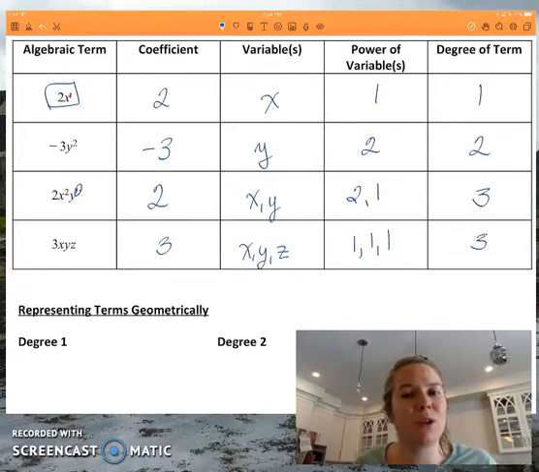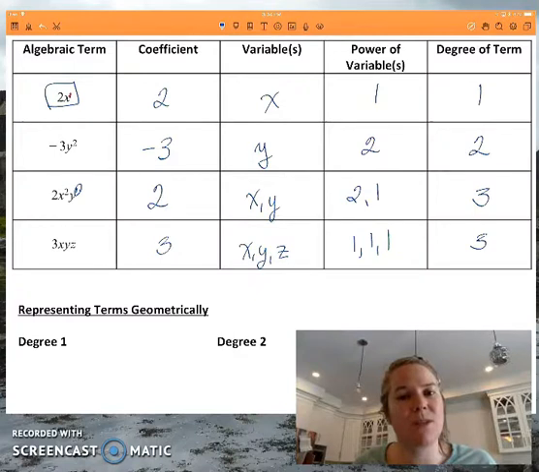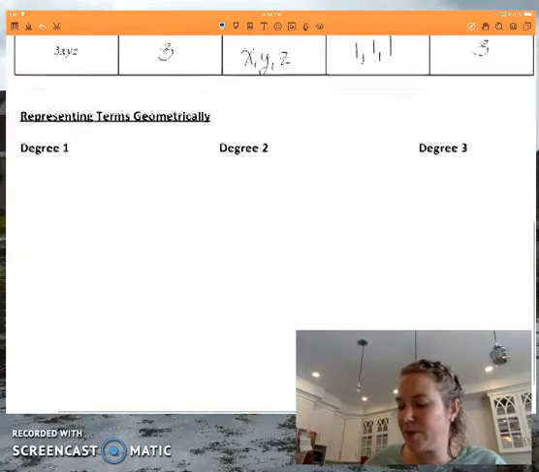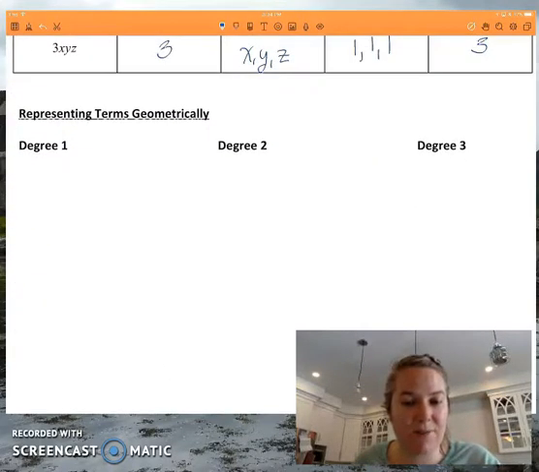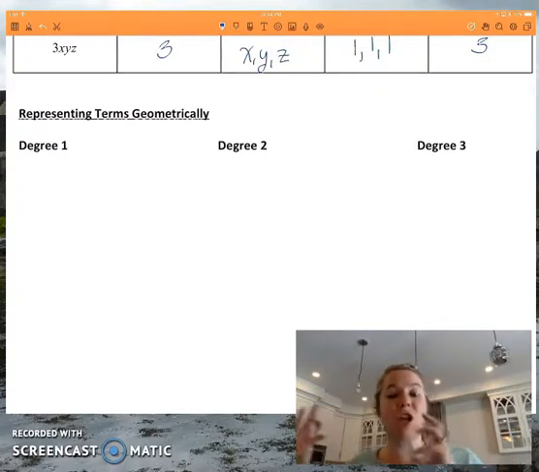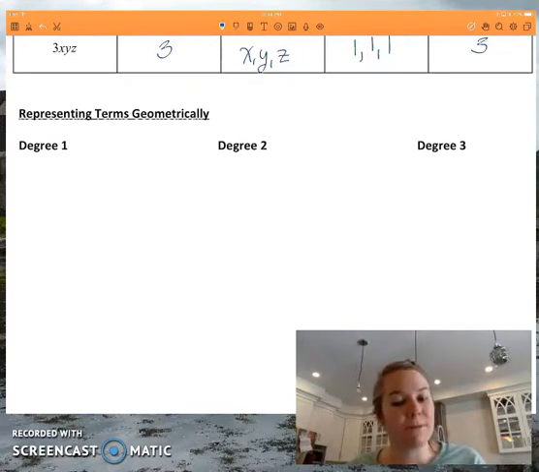But right now, we're going to look at what that degree means in terms of a more concrete, real-world idea. So if we're going to represent these geometrically, we're going to bring in some geometry and measurement ideas, that's Unit 4, to help us.